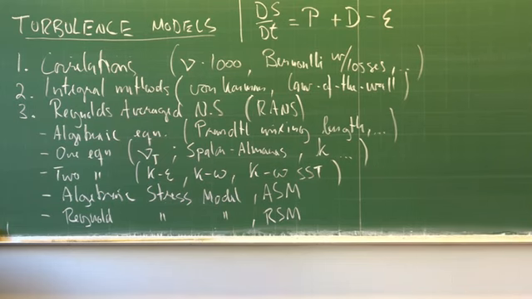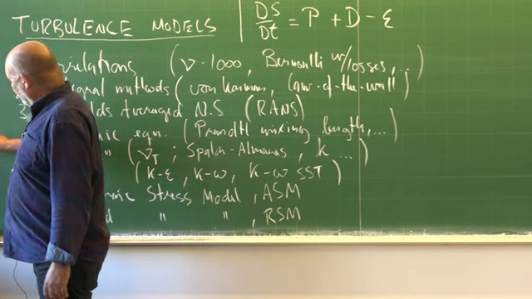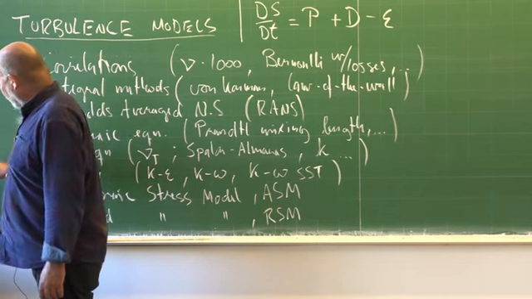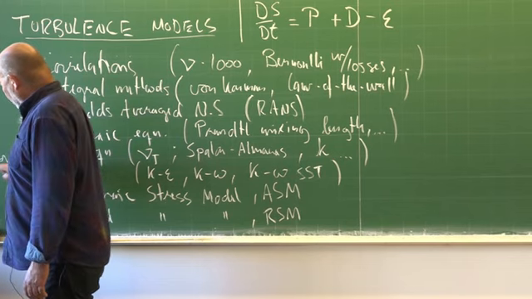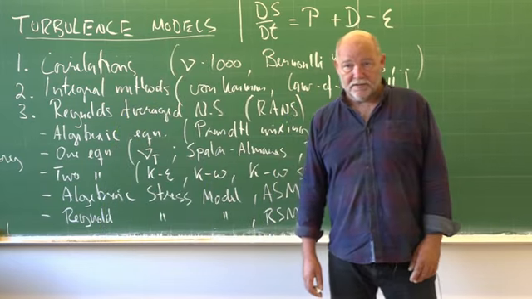Yeah? What are the different types of run times compared to each other? Like, what runtime are we looking at? Or let's say the one equation. You're thinking CPU time? I mean, which one costs CPU? Yeah. You can't really give a number on it, but you can do it like this: more and more CPU, memory, and cost. More and more expensive. I can't do it more precisely than that.